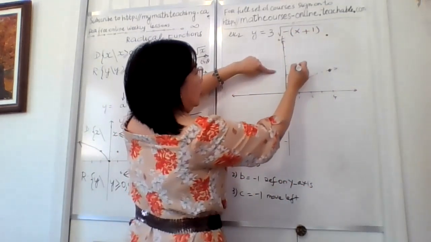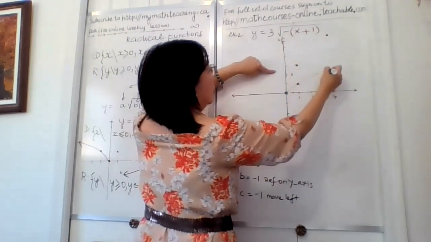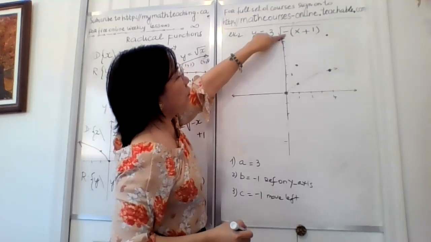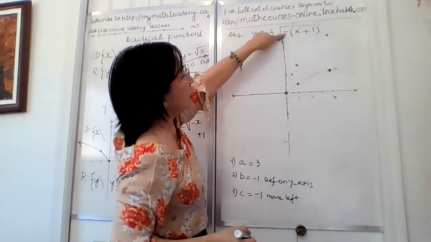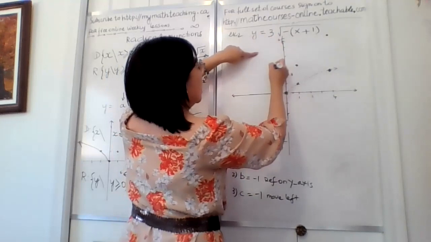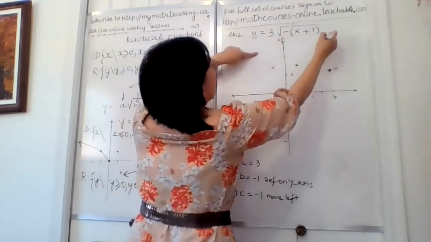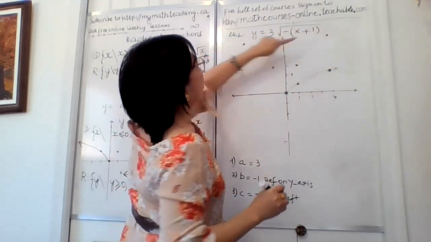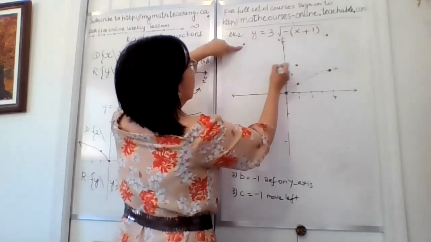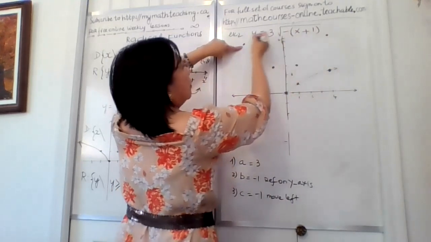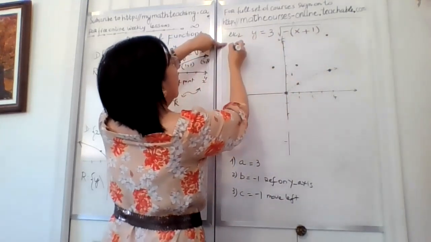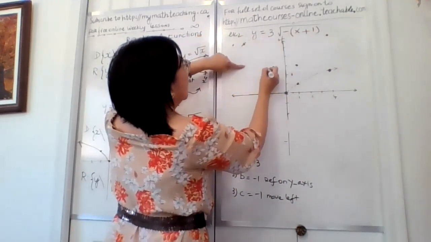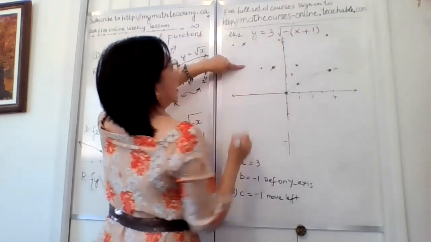Now we get rid of this one, get rid of this one. Follow the reflection, following the order: reflection over the y-axis. So this point will reflect over here, and this point will reflect over here. Now, after the reflection, we also have to shift to the left by 1 unit. So this point will shift to the left by 1 unit. Let's get rid of that. And this will be shifted by 1 unit. Get rid of that.